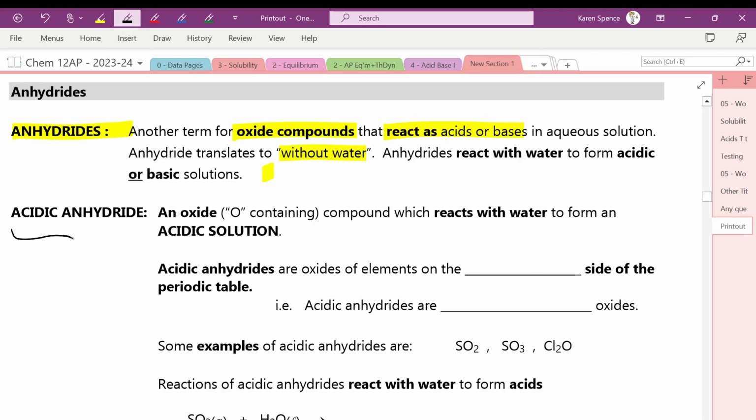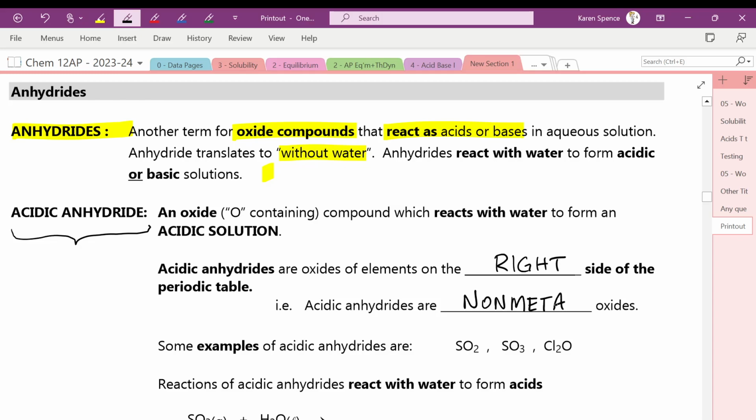An acidic anhydride is a what kind of oxide? They're oxides of elements on which side of the periodic table? They are on the right side of the periodic table. Acidic anhydrides are what type of oxides? Non-metal oxides.